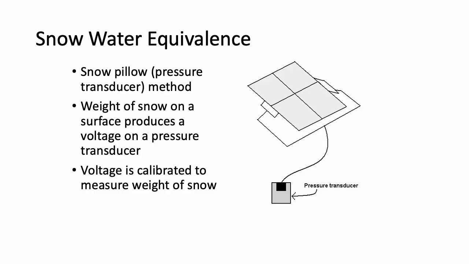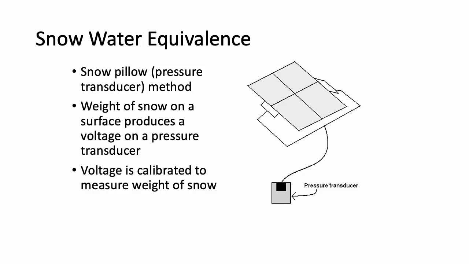Another way of measuring snow water equivalents is using a pressure transducer and literally weighing the mass of snow that's lying on top of this flat surface. In some cases, it's a surface sort of like a bunch of steel plates, like shown here in the diagram.